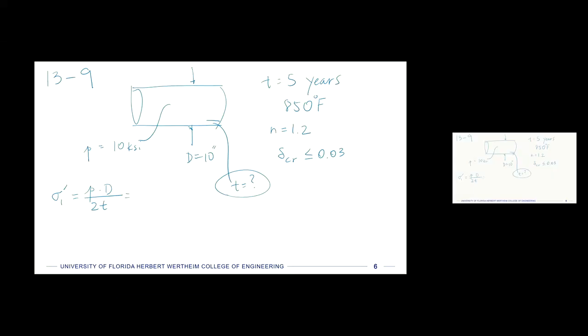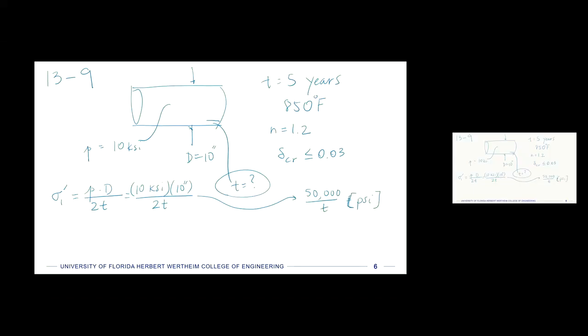So we have some of those values. We have the internal pressure, 10 ksi. We have a diameter, and we're just going to use 10 inches for now on that one. And we don't have the wall thickness yet, so we'll just leave that as a variable, T. So our expression for the hoop stress is just 50,000 divided by T, and that's going to be in psi.